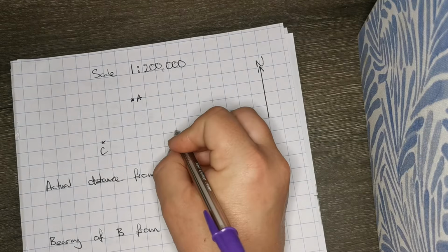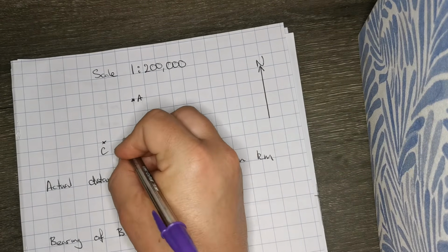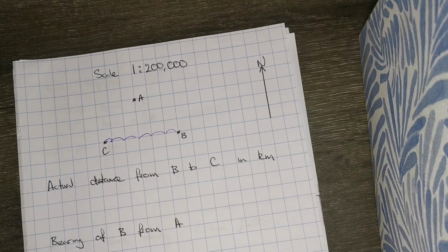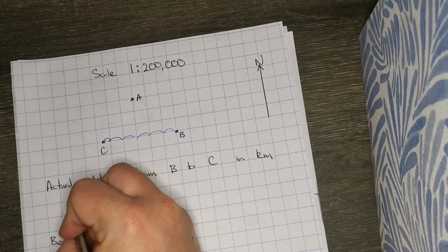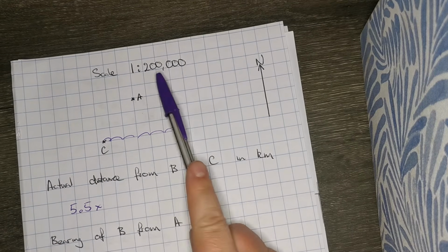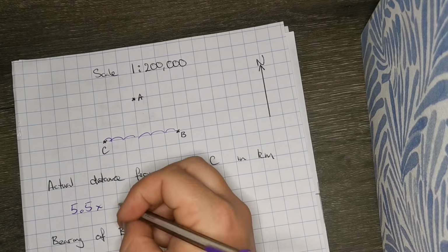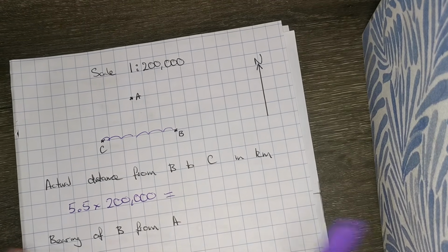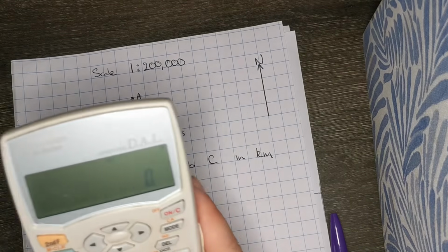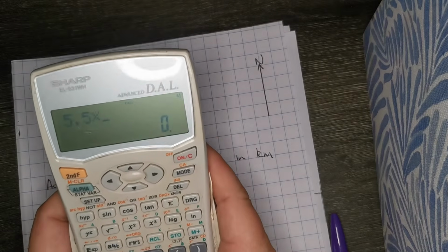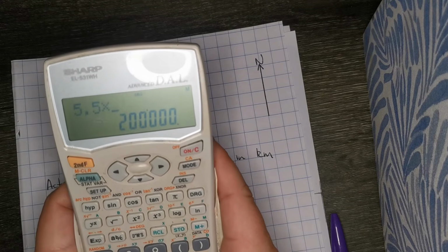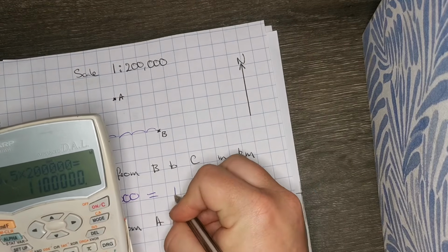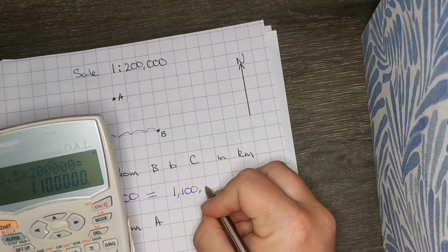So, just looking at my centimetres first, I think that's 1, 2, 3, 4, 5, 5.5 centimetres between B and C. So I'm going to do 5.5 times 200,000, because that's the scale I'm working at. So 5.5 times 200,000 equals 1,100,000.